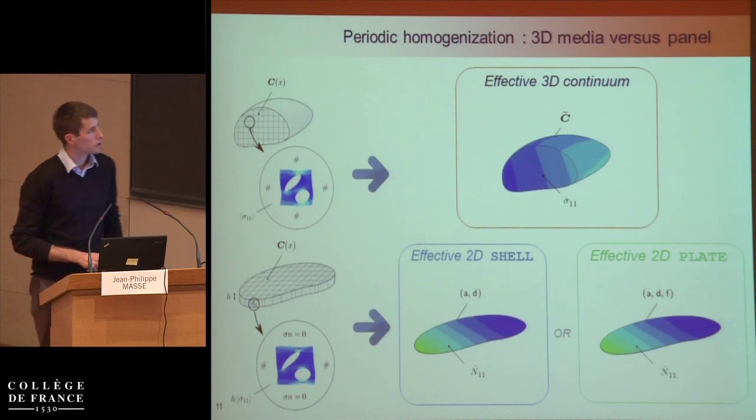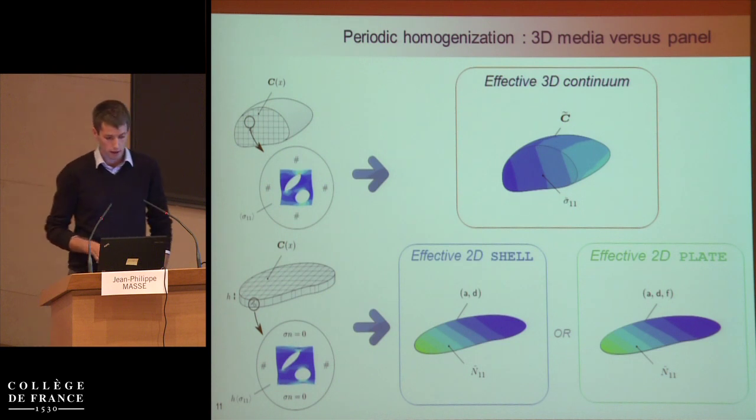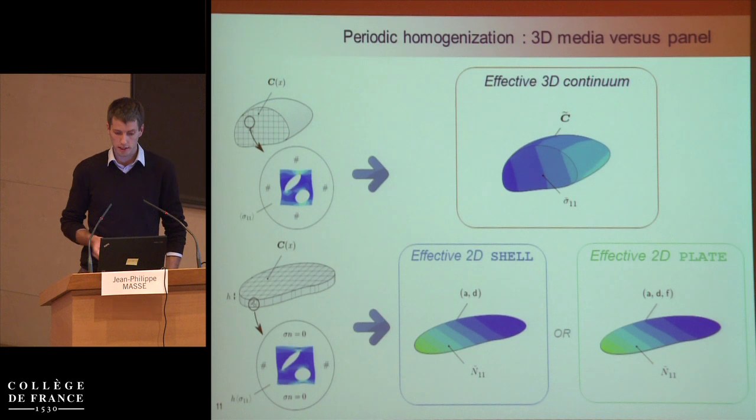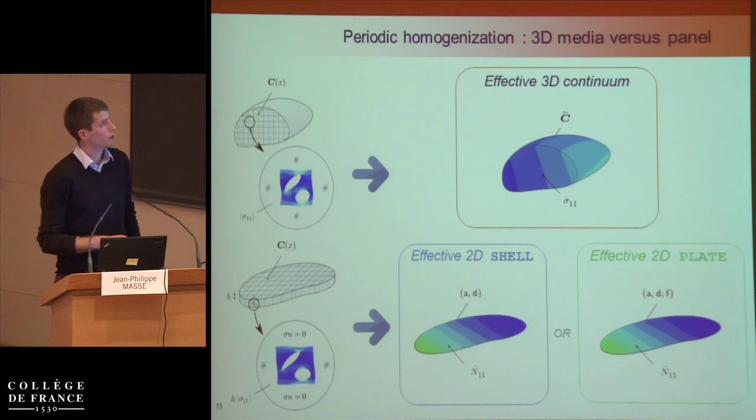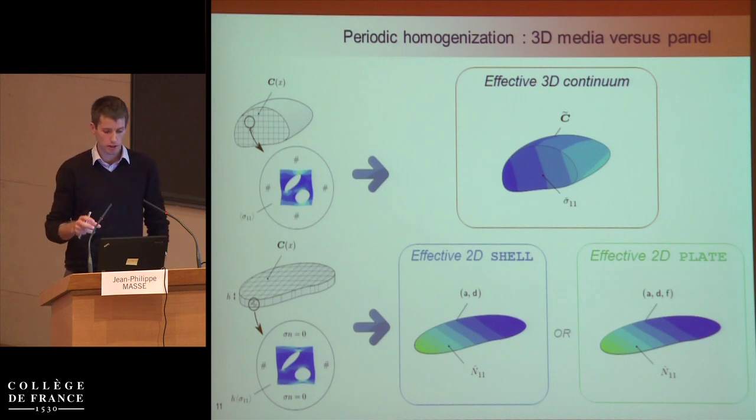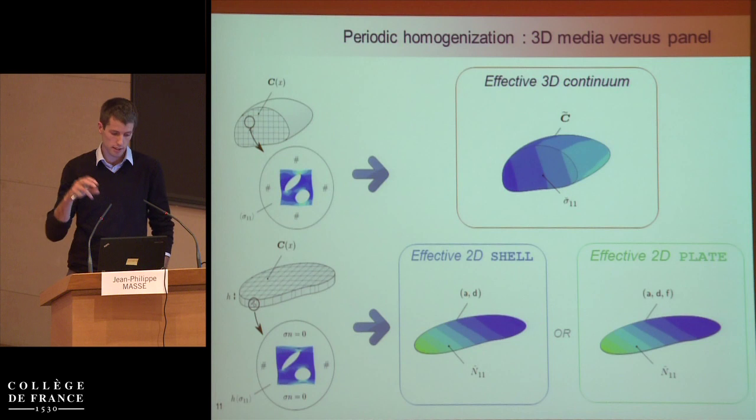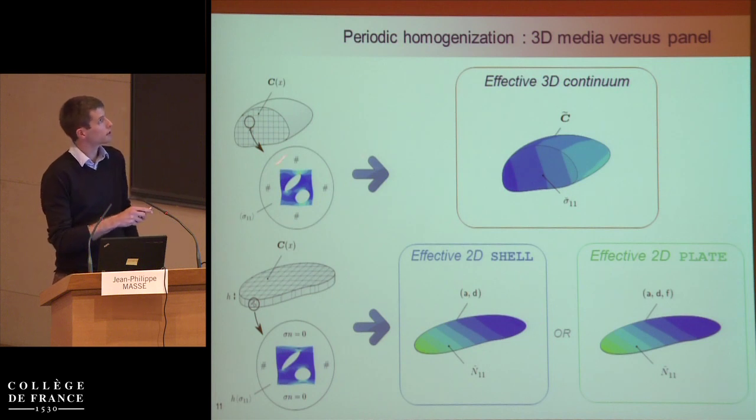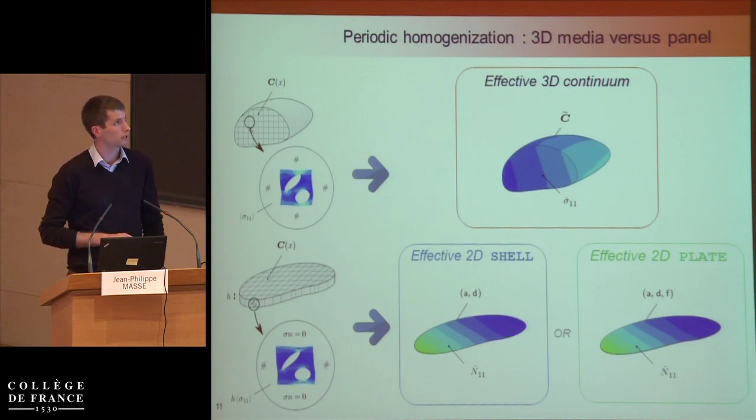And I'm introducing here the homogenization technique. We have for the 3D case, we can imagine the reproduction of a 3D pattern unit cell, and this is the complete architecture material.